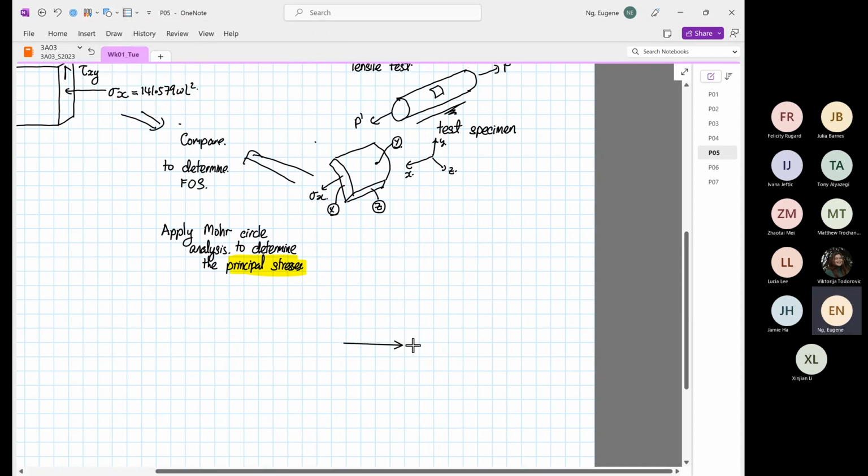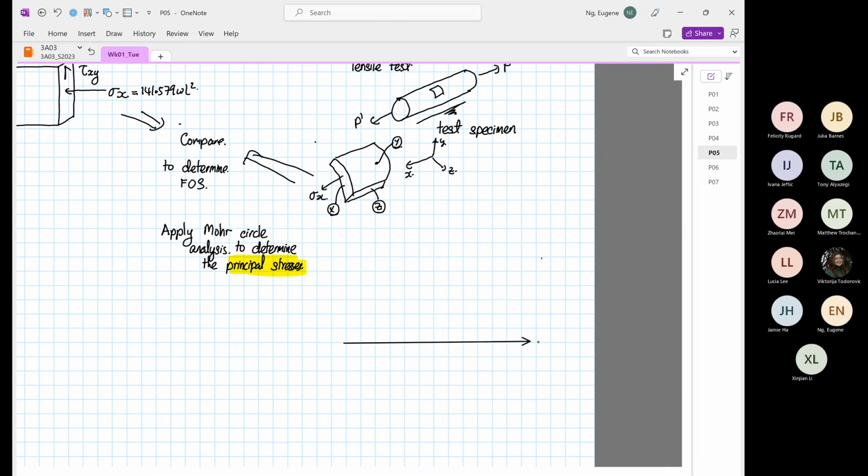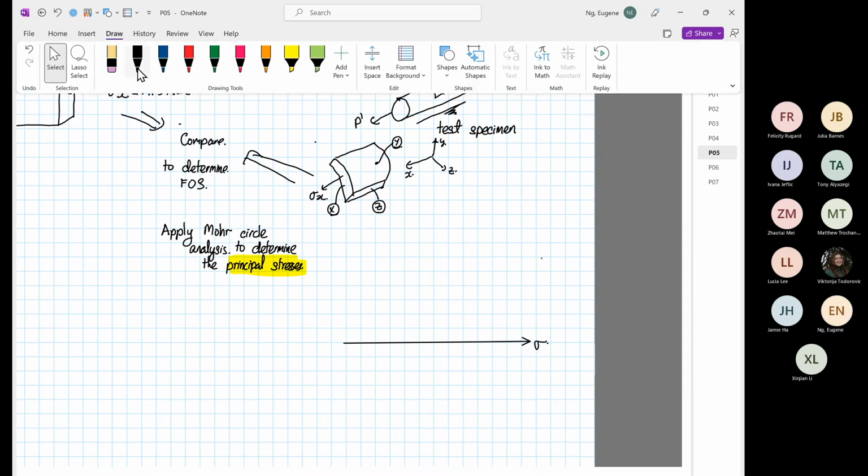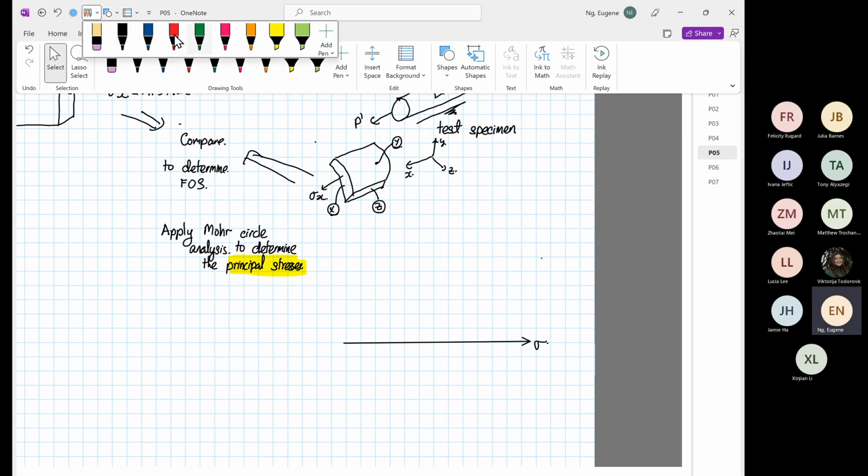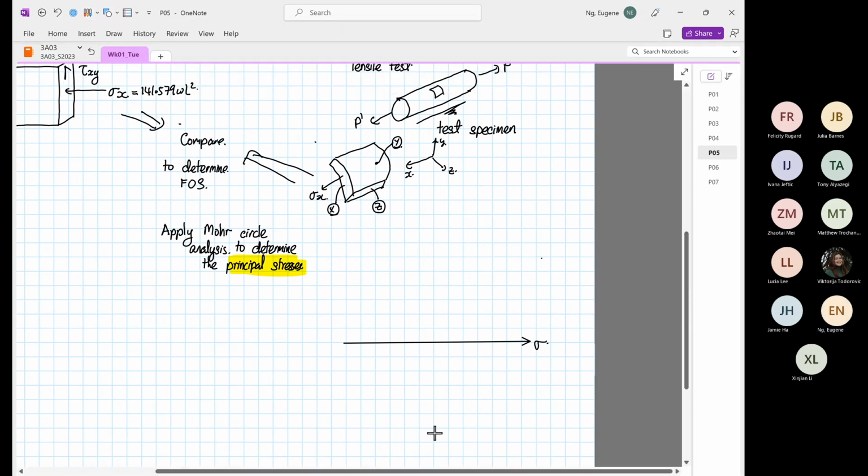Okay, so this is our normal stress. And then on the vertical scale, this will be our shearing stress. Okay, don't worry, I'll teach all this in the course.